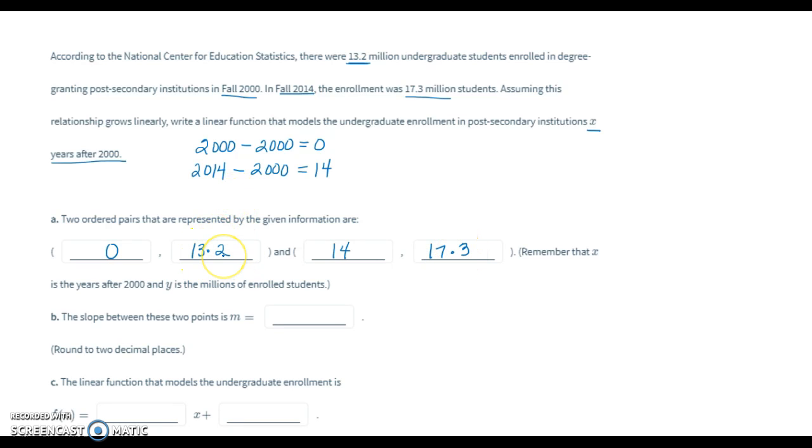So now that we have two ordered pairs, we can use the slope formula. Remember, that's y sub 2 minus y sub 1 divided by x sub 2 minus x sub 1 to calculate the slope between these two ordered pairs. Our y values are 17.3 minus 13.2, and that's divided by 14 minus 0.